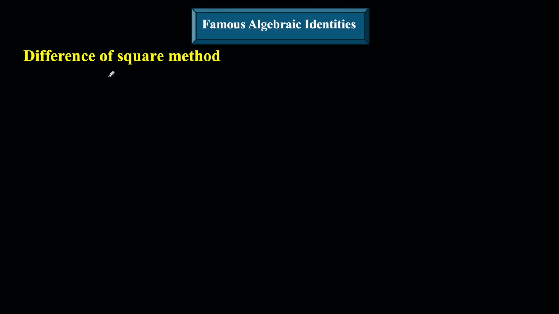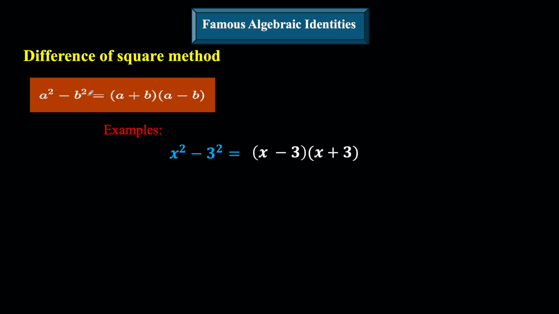Now, the difference of squares method: when you have a squared minus b squared, this is equal to (a plus b) multiplied by (a minus b). So let's see this example: x squared minus 3 squared is equal to (x minus 3)(x plus 3).